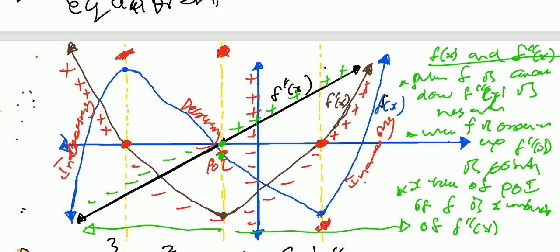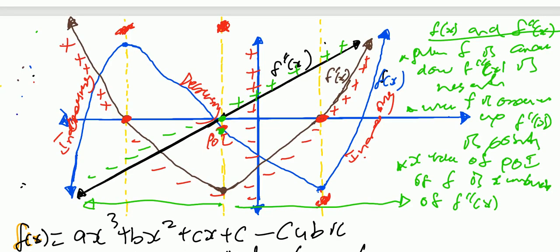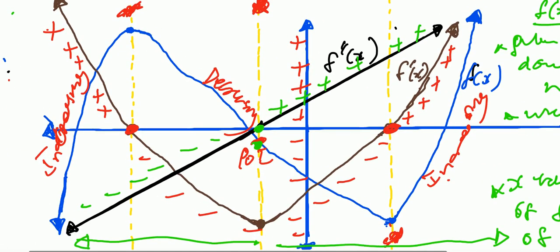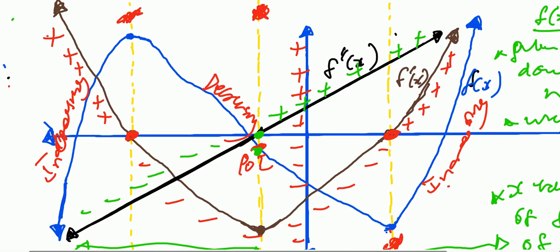Now, I will just say this once. The relationship between your f prime x and f prime prime x, which is your parabola and your straight line. I won't write them. I will just be saying them because of time. By looking at this diagram, let me just zoom this diagram so that you can see clearly. We can see that the x value of the x-intercept of your straight line is what?